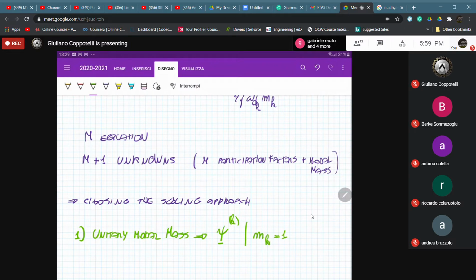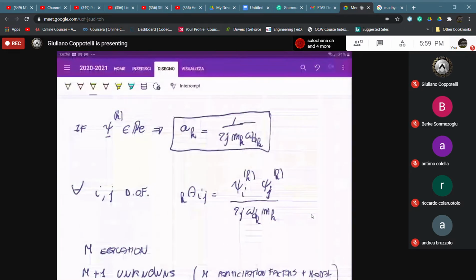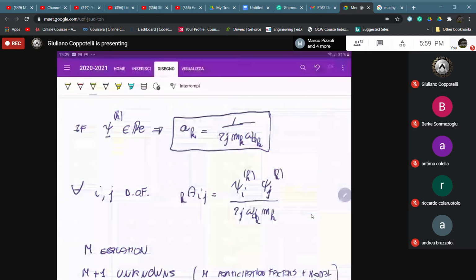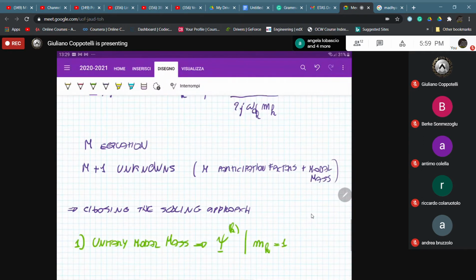Go back to the previous equation. Here, we are setting mk equal to 1. You know the left-hand side because you know the residual terms, and therefore you have all the equations to find out all the mode components. That is your first choice.